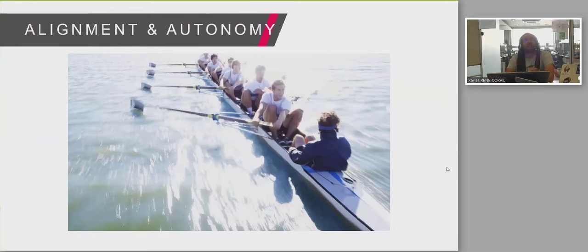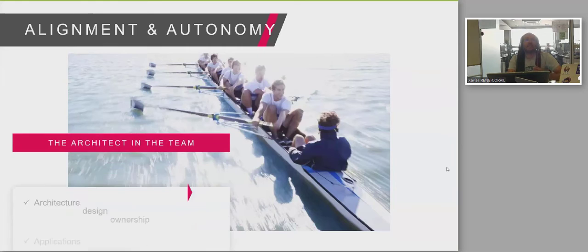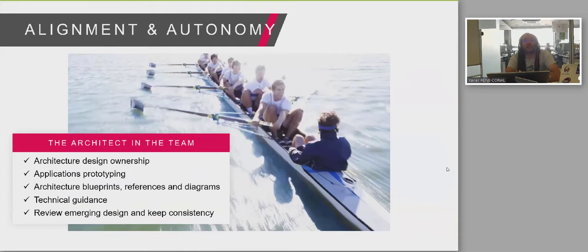What we want, on the contrary, is an architect that would be close to the team, part of the team. Let's look at what the architect in the team can do. He can own the design, prototype it, and issue blueprints, references, be the guide, okay?